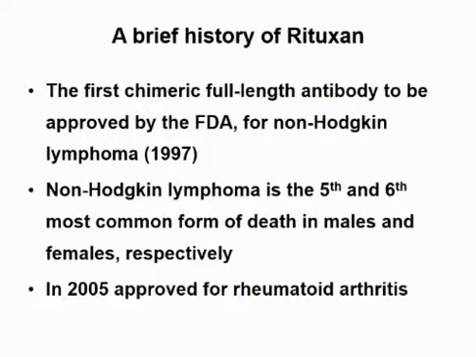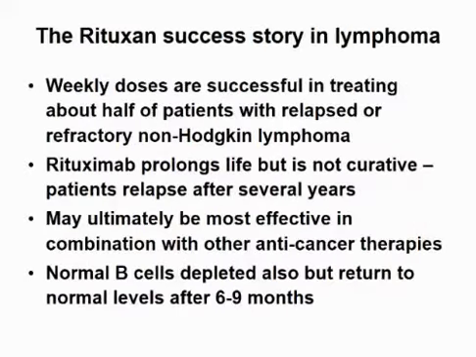And then also it's been approved for rheumatoid arthritis because normal B cells are known to have this promoting role in rheumatoid arthritis. And if you hit them with this antibody, okay, it's probably not great to lose a lot of your B cells, but if you've got rheumatoid arthritis, that does relieve a lot of the symptoms.